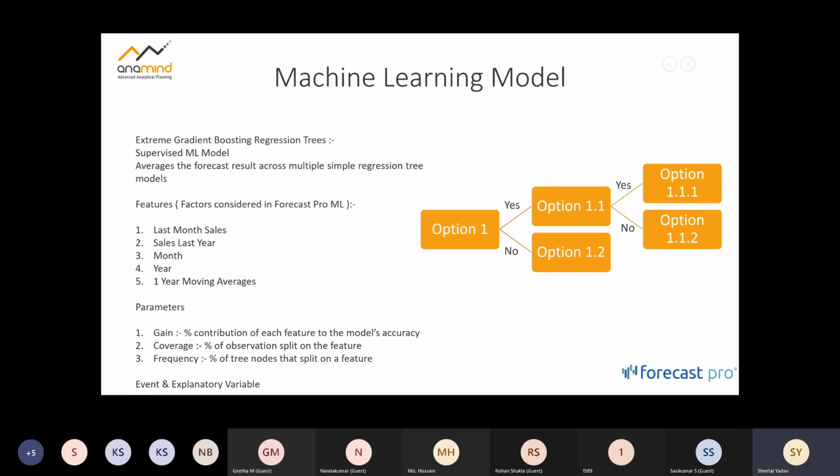Now for forecasting purposes, typically the factors that have an impact on your sales could be your last month's sales number, your last year's same period number, or which month you are in. So the seasonal factor there, the year, which could be if there is a year on year increase in sale, year on year decrease in sale. The interventions is what it is called in Forecast Pro, but you can take that as the year.